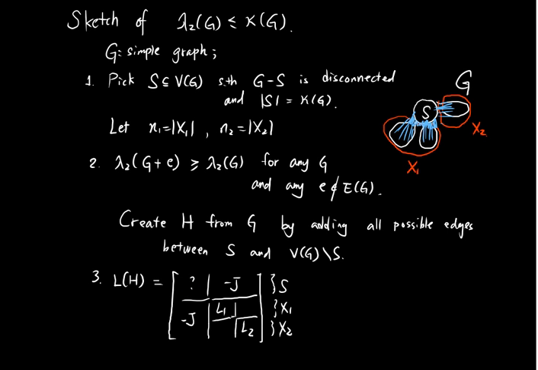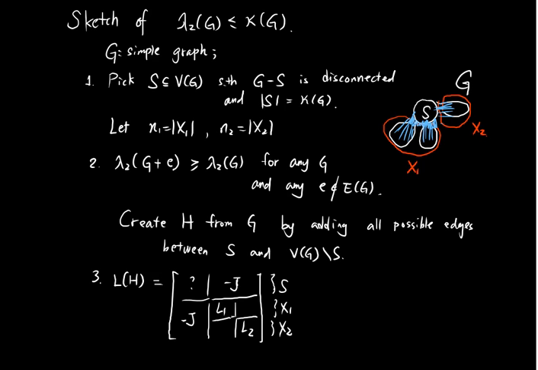Basically the structure is the same as G, except for the diagonal entries. And then this part is different. We add a lot of edges from S to outside of S. But after adding that, we know the structure here is 0 minus 1, which makes it a lot easier to analyze.